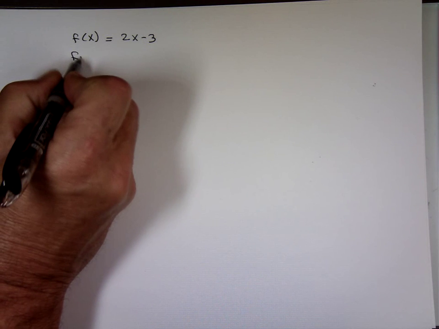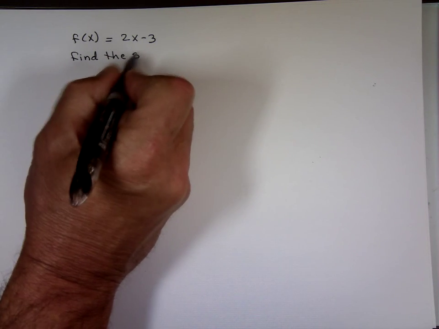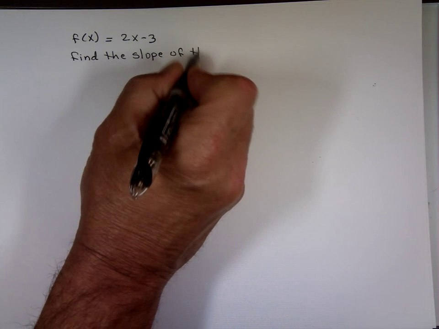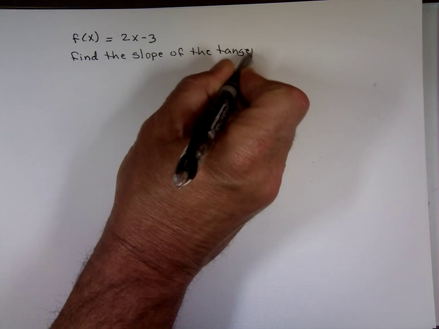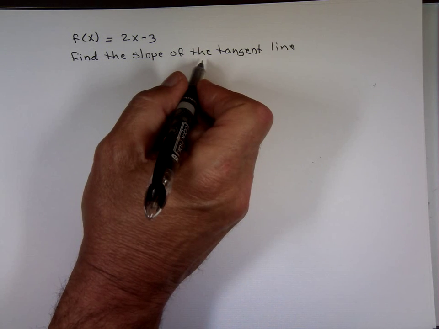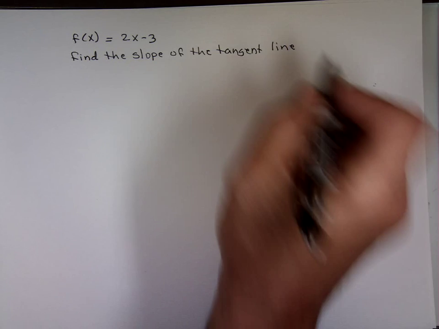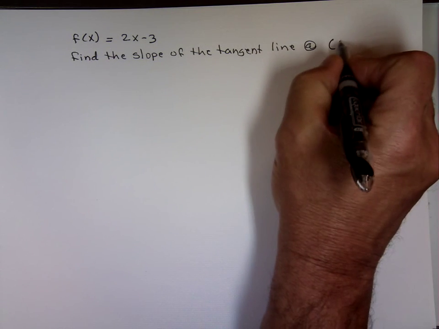Find the slope of the tangent line at what point? At the point (2, 1).